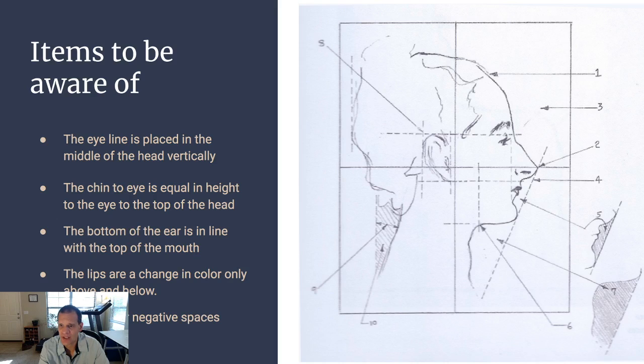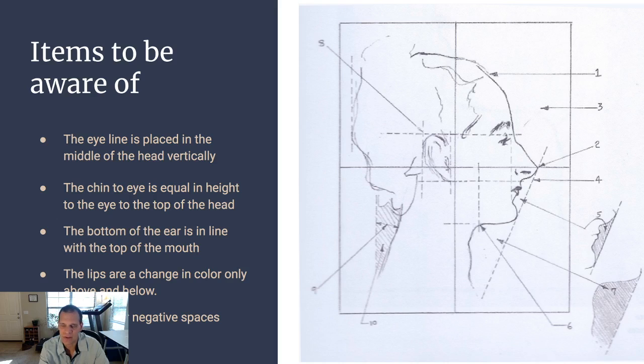Another thing to note, as I mentioned, or may not have mentioned, is that the top of the ear is in line with the top of the eye, and the bottom of the ear is in line with the top of the mouth.